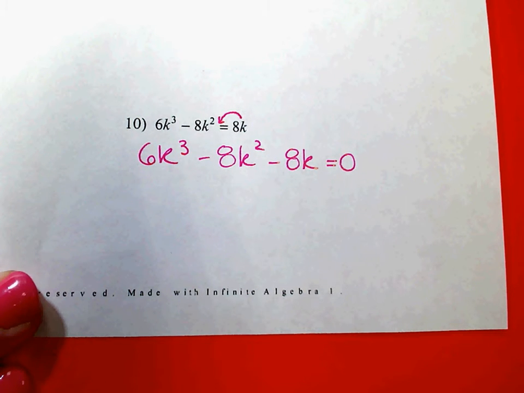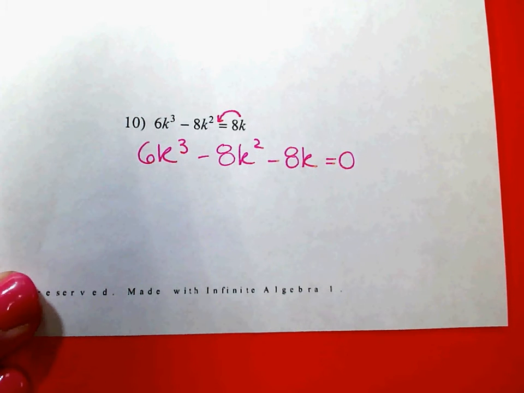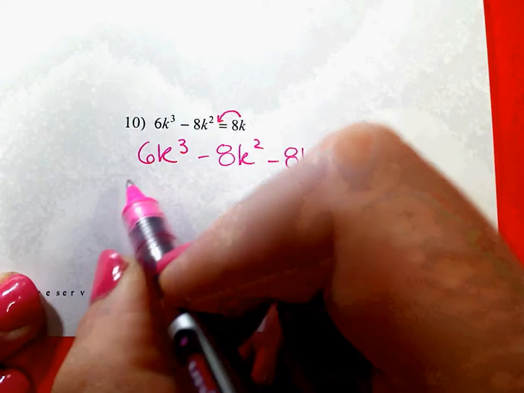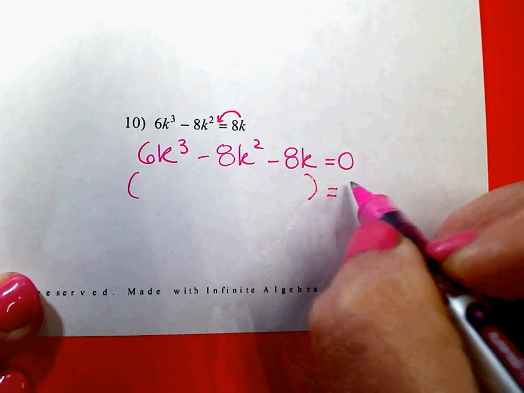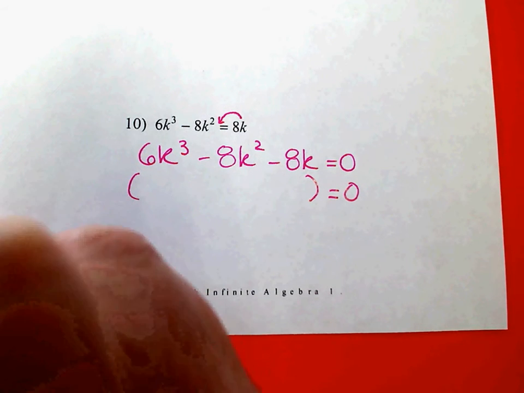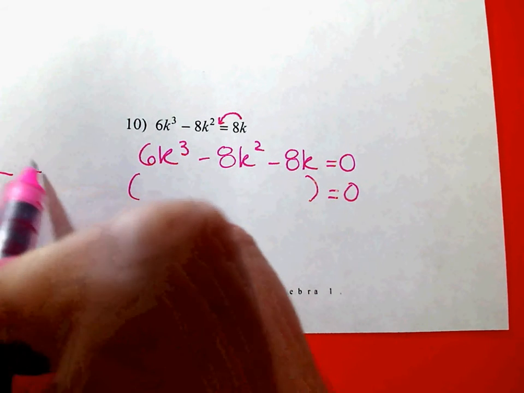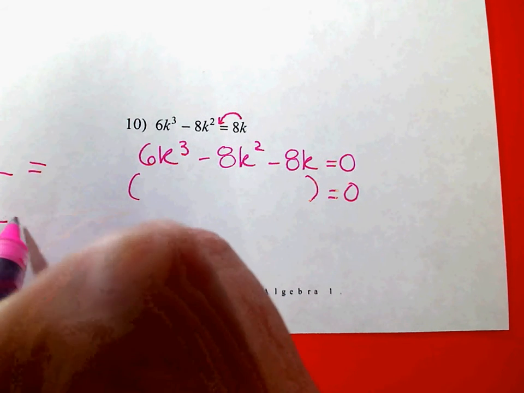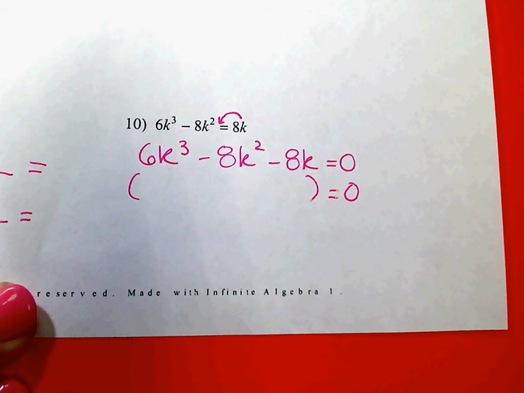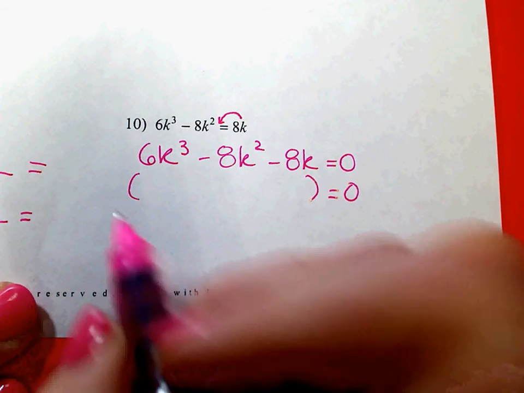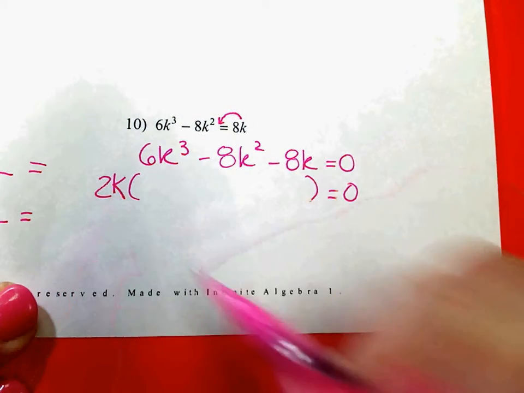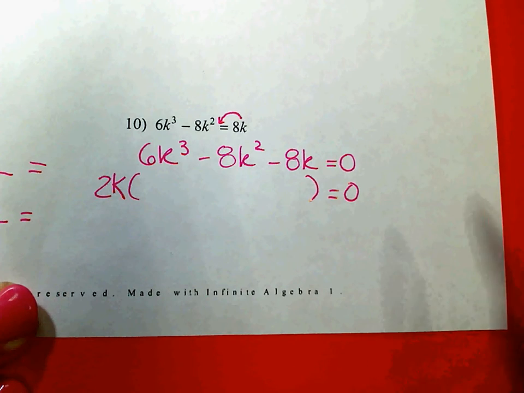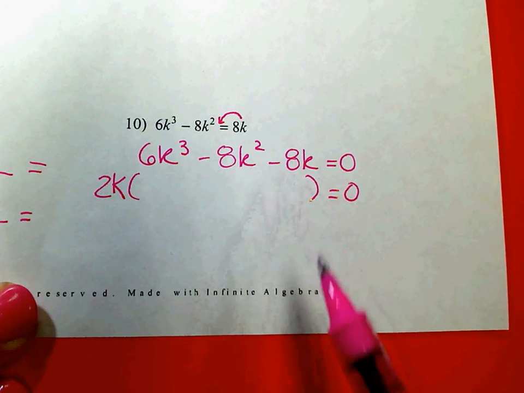Next, you should look for a GCF, which there is one, and I'm going to give you a minute to decide what it is. Did you decide on a GCF of 2k? Because that's the largest number that will divide into all 3 of those.